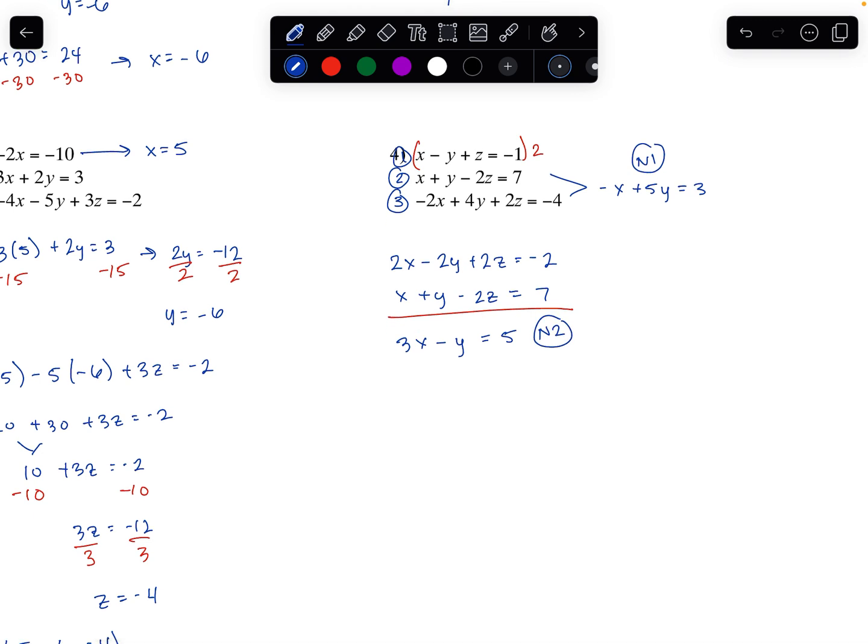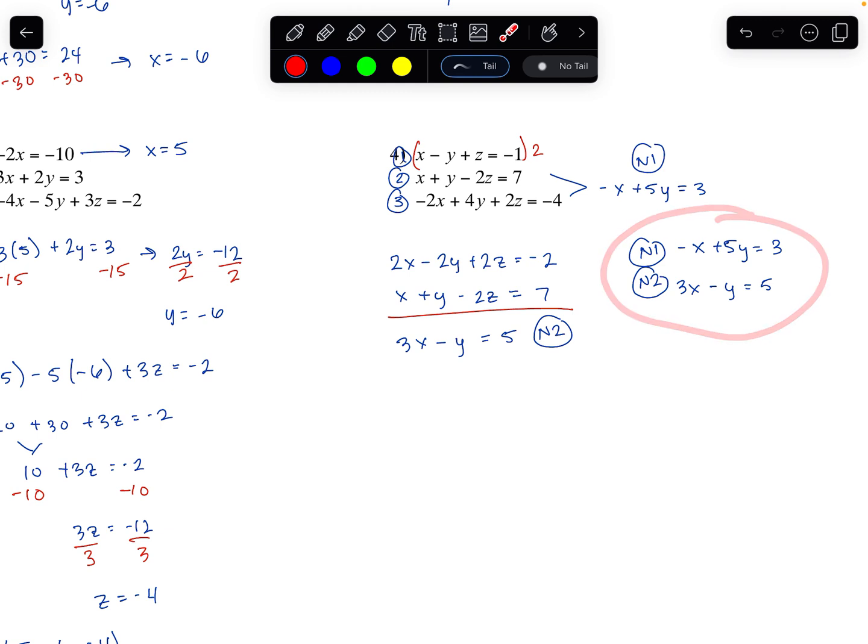Now I'm going to put new equation 1 and new equation 2 together. So negative x plus 5y is equal to 3, and 3x minus y is equal to 5. I want to get rid of another variable, but I only need these two equations right here. We got rid of z, and now we're trying to get rid of another variable.